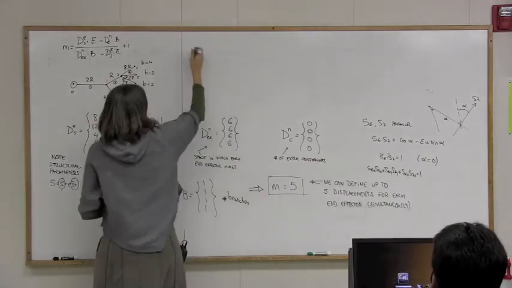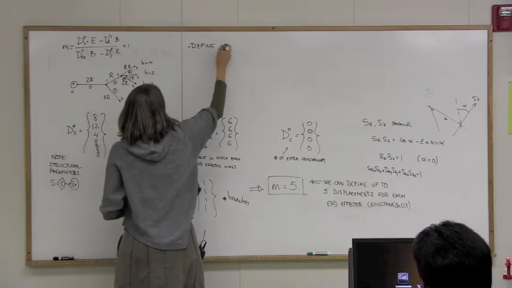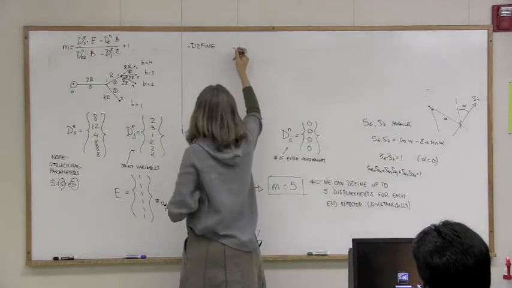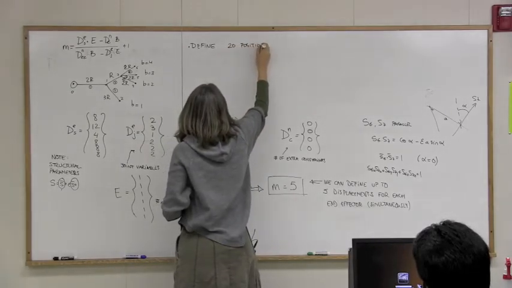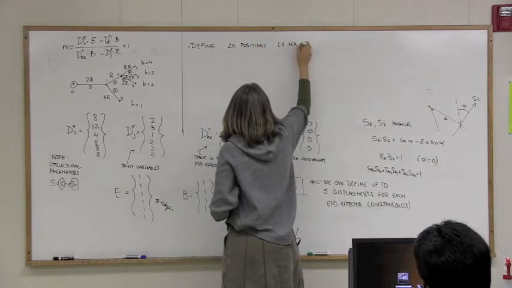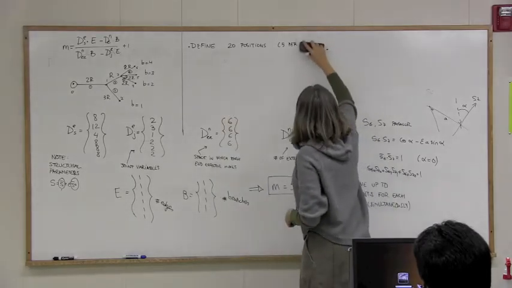You would define it would be 20 positions, right? 5 times 4. 20 positions. 5 per finger, or let me just say per end effector. Doesn't have to be hands.